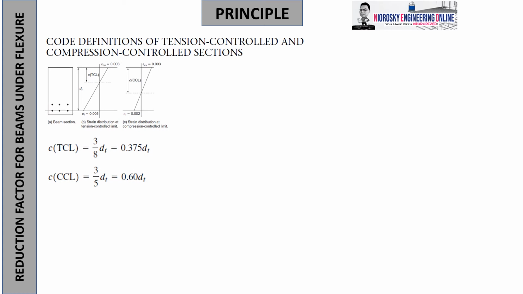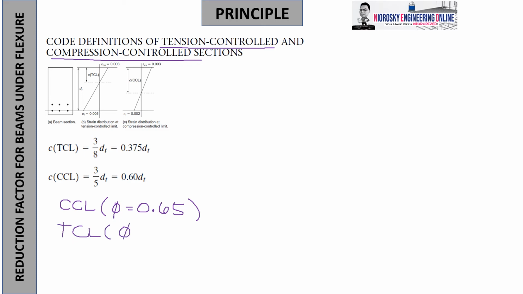So, this is where it starts, when the section does not fall under the tension control limit or the compression control limit. Let me repeat, as our code said earlier, if you remember, for the compression control limit, phi is automatically 0.65 based on the table presented earlier. For the tension control limit, it is automatic to use 0.9. Okay?